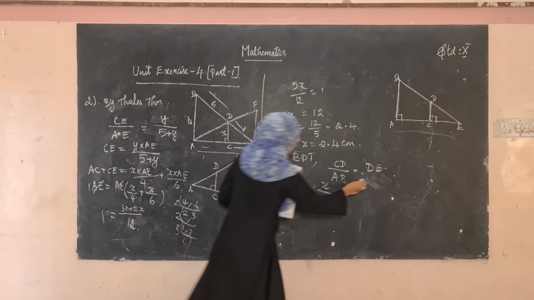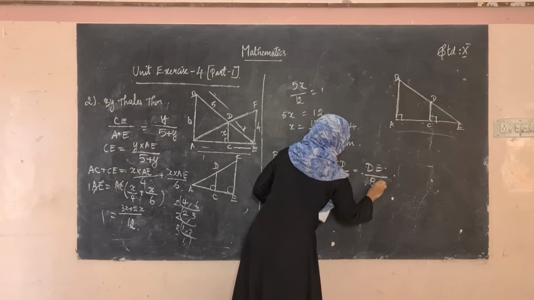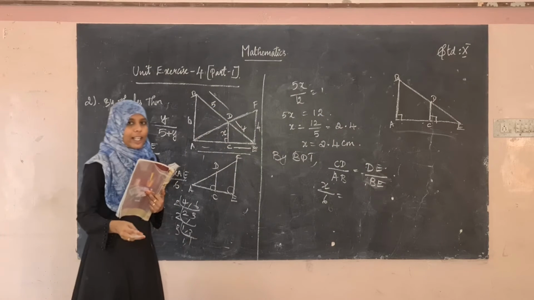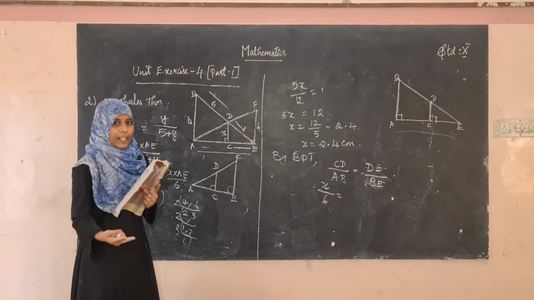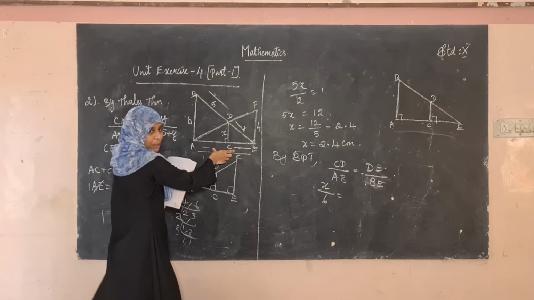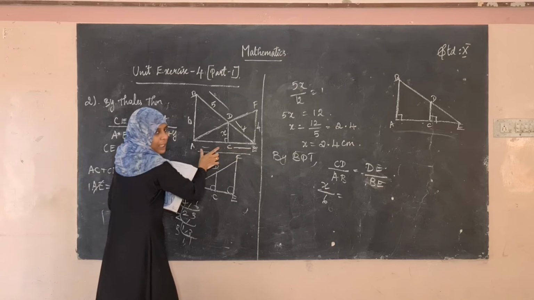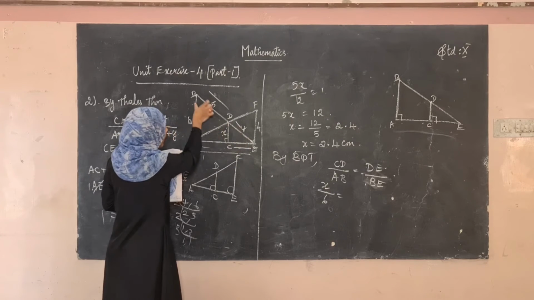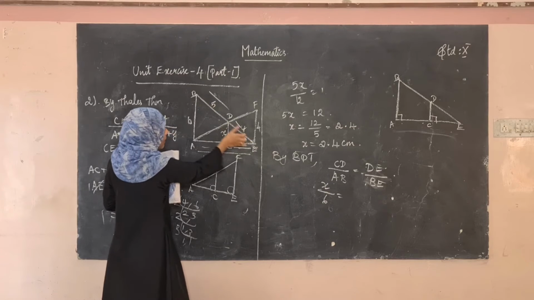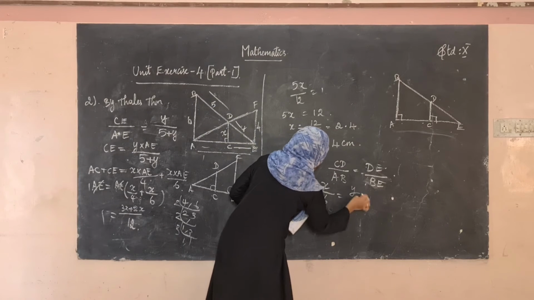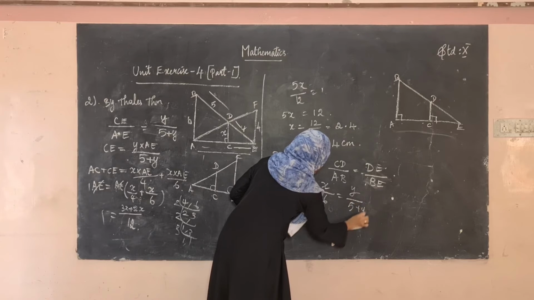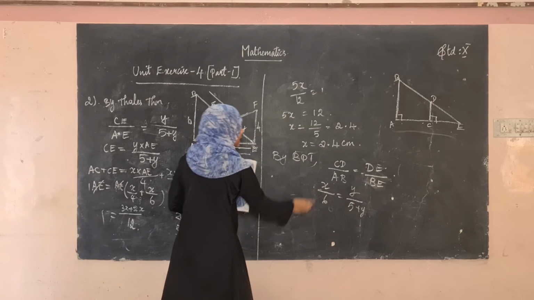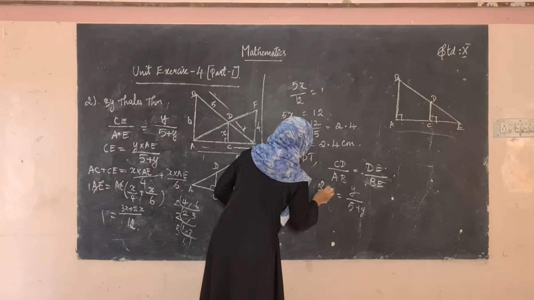Therefore we are going to use DE divided by BE. Both the answers are correct. By basic proportionality theorem, we can take anything. Since we want to find this value, we are taking this side. Therefore, DE divided by BE, that is y divided by 5 plus y. Now, what's the value of x? It is 2.4.